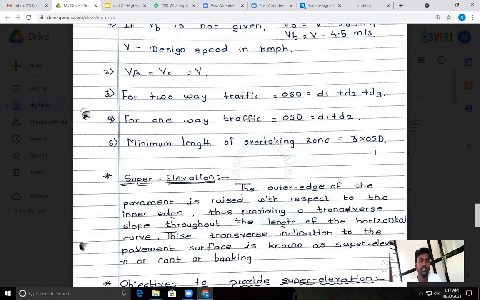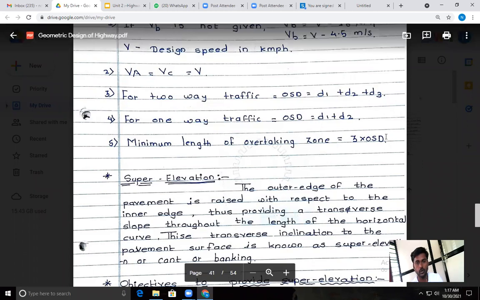It means we have to provide the minimum overtaking zone as 3 into OSD.